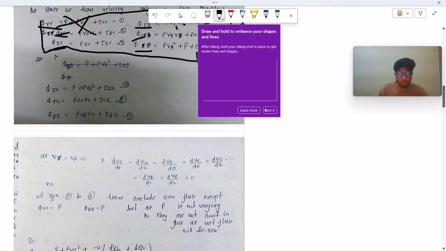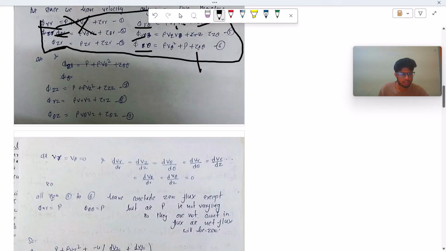So we have only these three components that may contribute some momentum. Phi zz we can write as p plus rho Vz square plus tau zz. The pressure term exists, and tau zz we can write as minus mu dVz by dz.